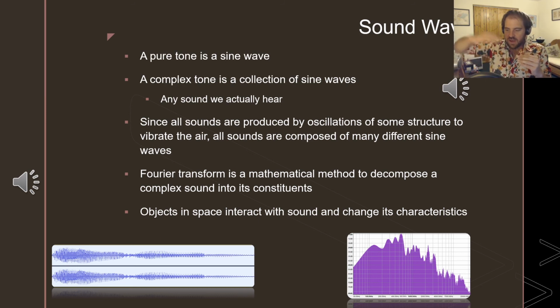So we have high pressure, low pressure, high pressure, low pressure, but then you can add something that goes high, low, high, low, high, low, high, low to that, and they'll sometimes cancel each other out, but sometimes add together to create a much stronger pressure wave, and that creates a complex tone. That's a combination of multiple sine waves.